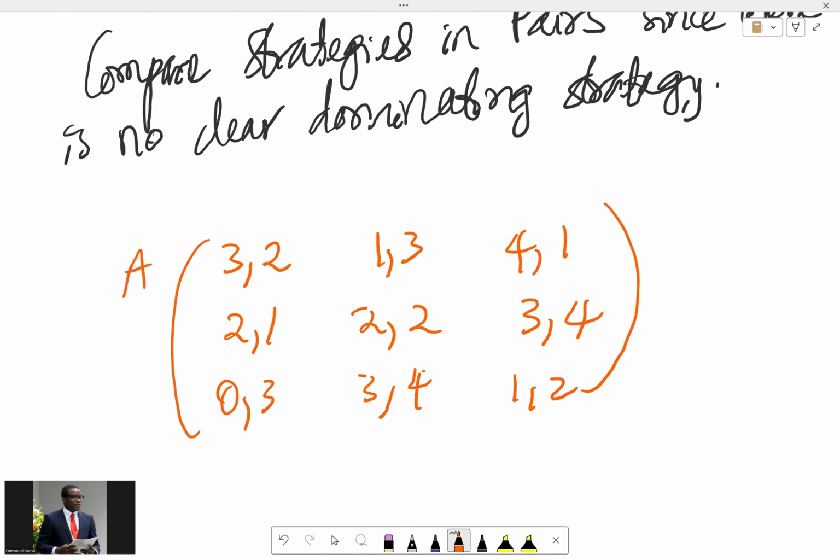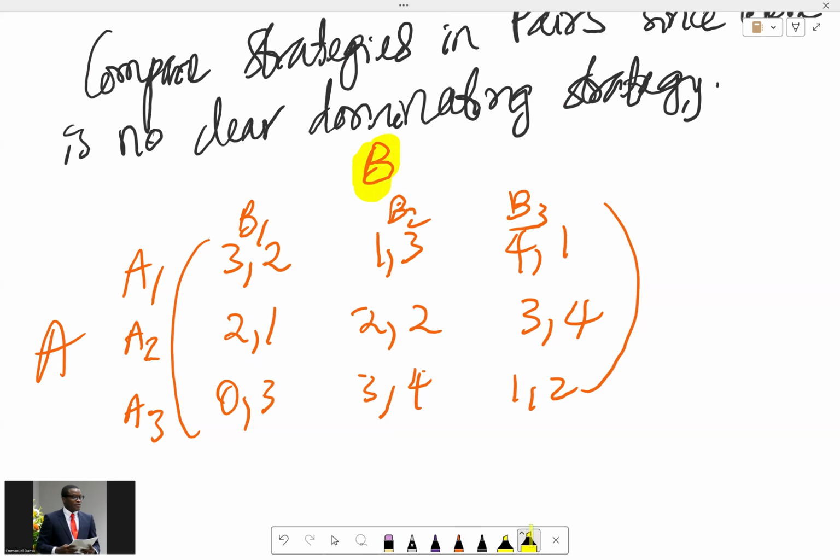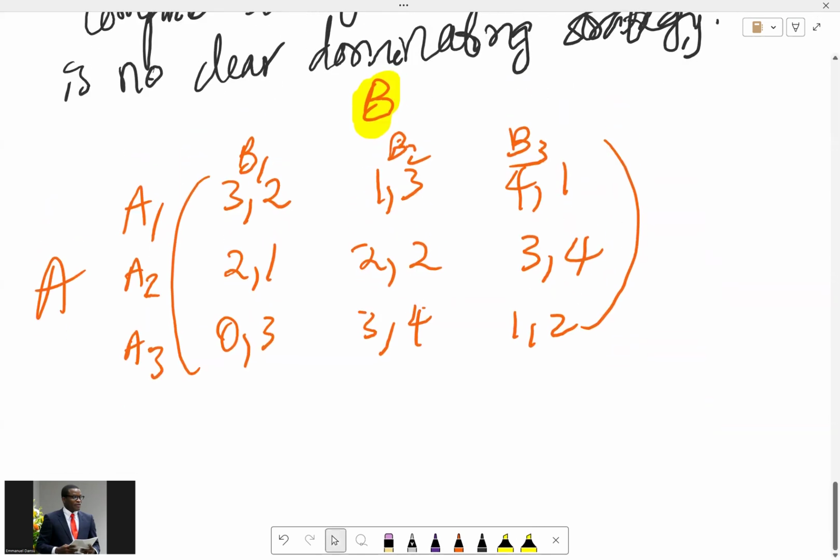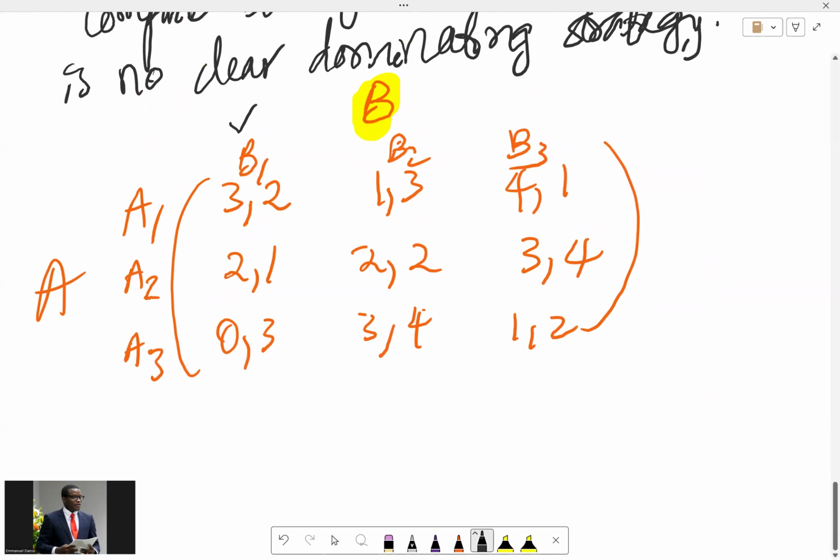So this is A1, A2, A3, B1, B2, B3 for players A and B. Now the focus is on B. We already know A's best strategy is A1, but we couldn't get that directly for B, so we have to do comparison. First, let's start with B1 versus B2. What happens for B1 versus B2 across all the possible strategies that A can pull off? So now let's check that.